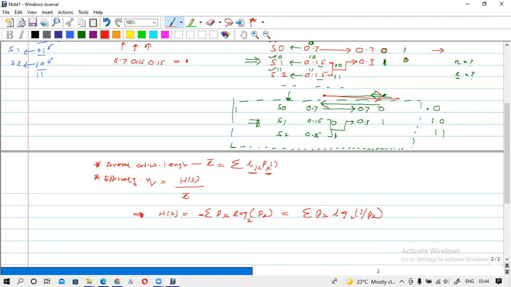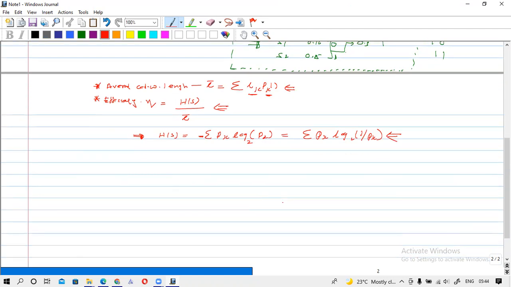You learn this in the information theory part, where there are many terms. These are the most important expressions when dealing with Huffman code, so please try to remember them. You have to use these terms in your exam also.